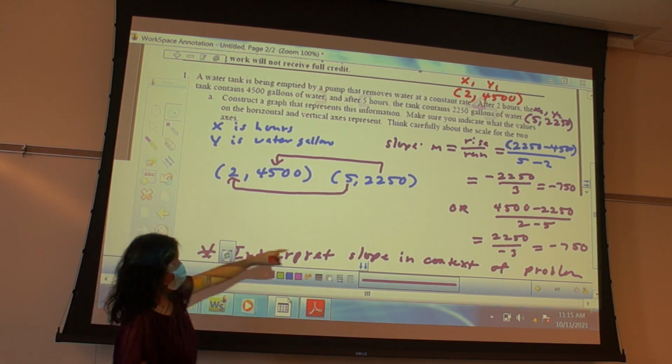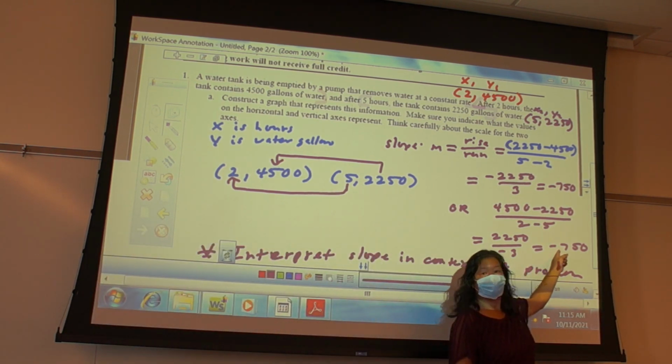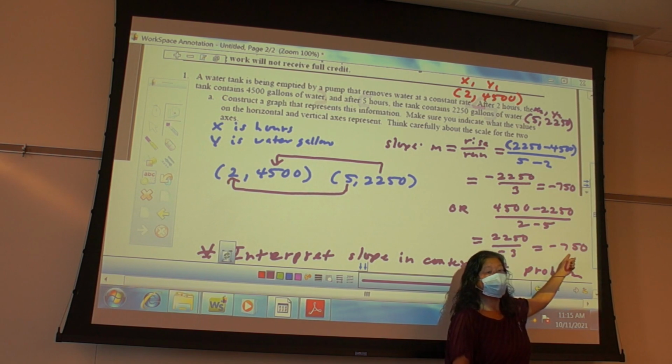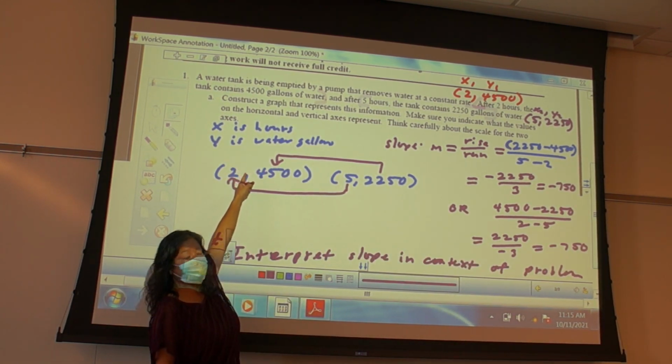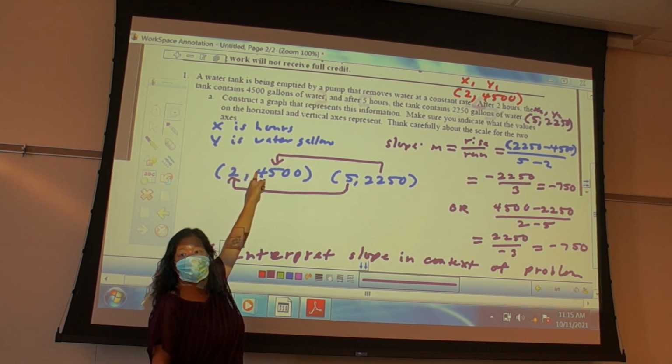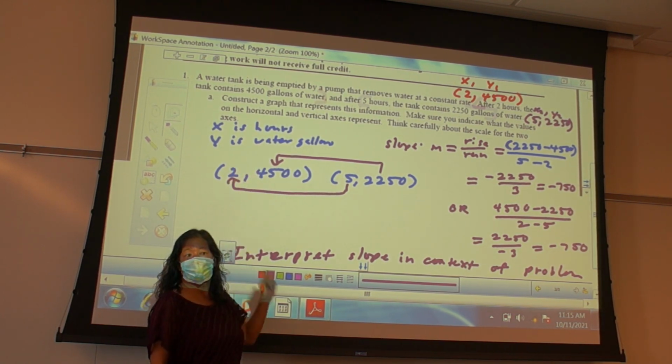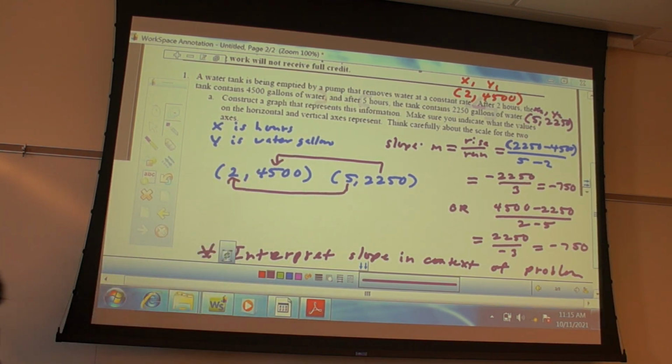So I lose 750 y's per x's. So we said for every hour, we lost 750 gallons.